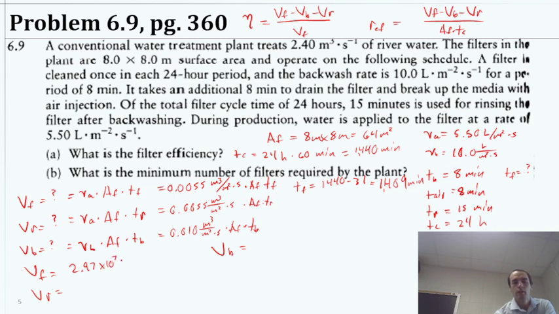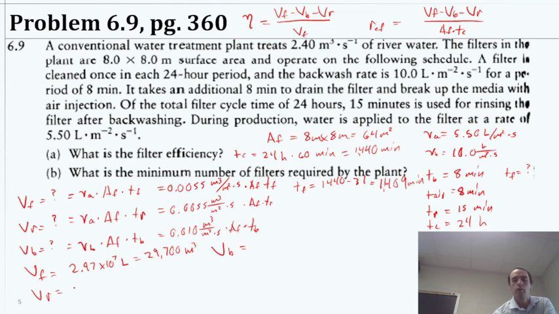Okay, so you did it in liters. So that should be times 10 to the 4th cubic meters, if I did that right. Sounds right to me. Does anybody else have a number like that? About 29,000 cubic meters.